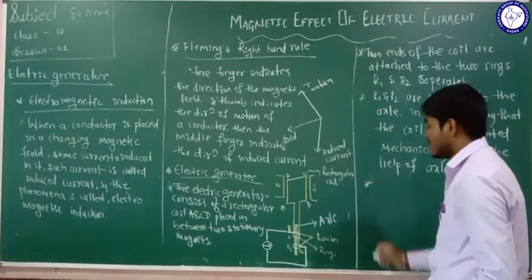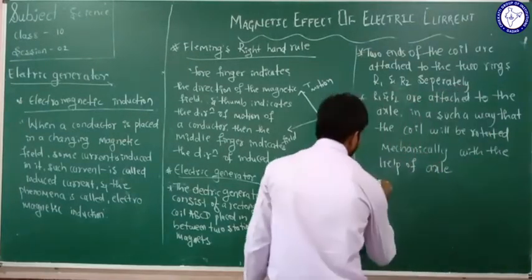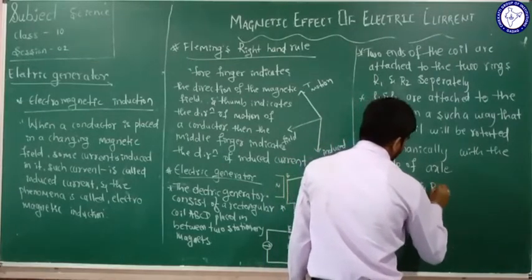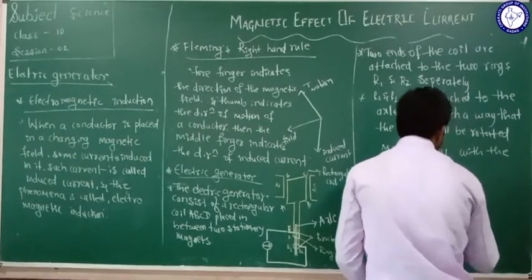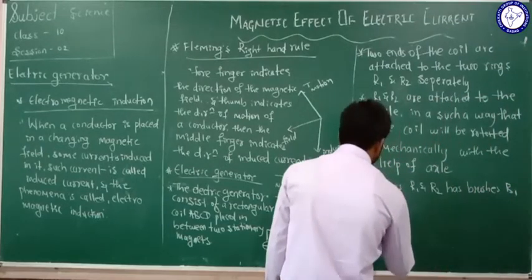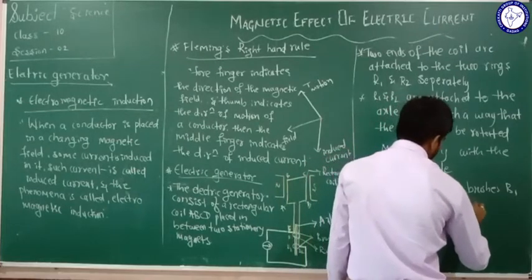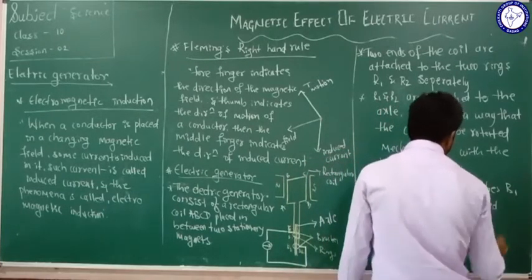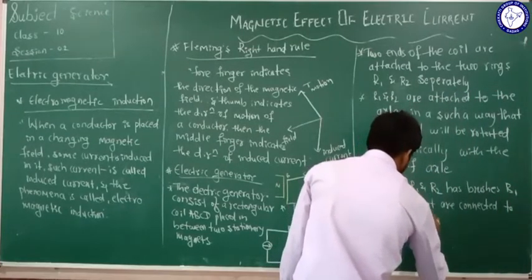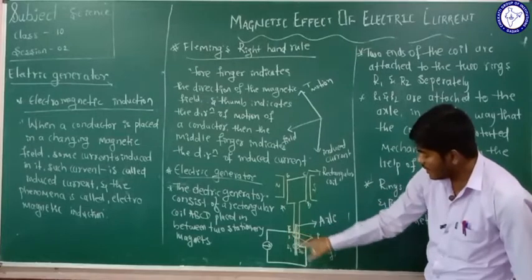And see, the rings R1 and R2 have the brushes B1 and B2, and they are connected to an ammeter. See here, the rings R1 and R2 have the brushes B1 and B2.